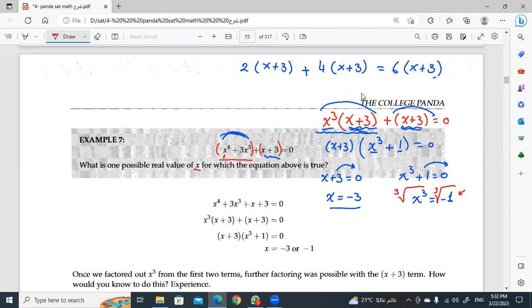But this is a cubic root, so it cancels the cube and gives x. The cubic root of -1 is -1 multiplied by -1 multiplied by -1, which is -1. So the two solutions are -3 and -1. Clear? Any questions?